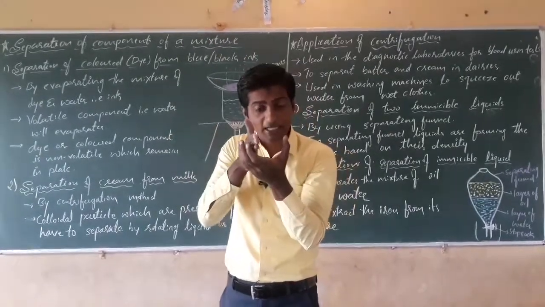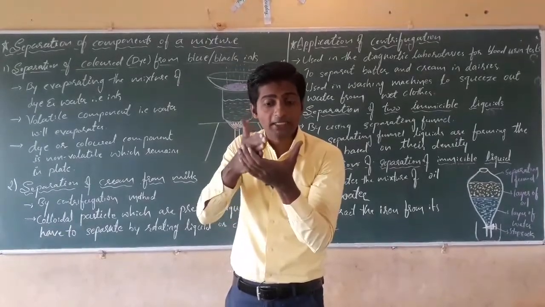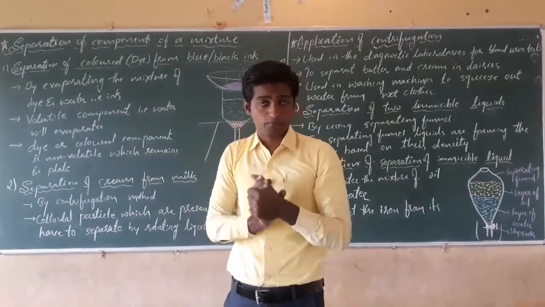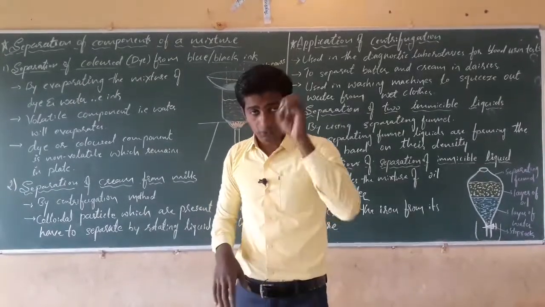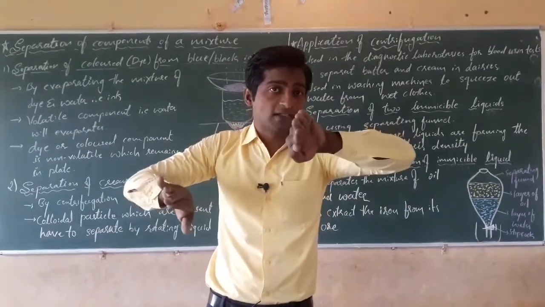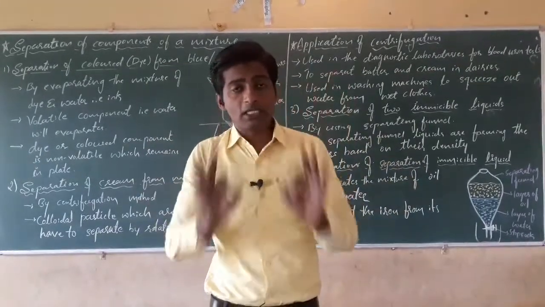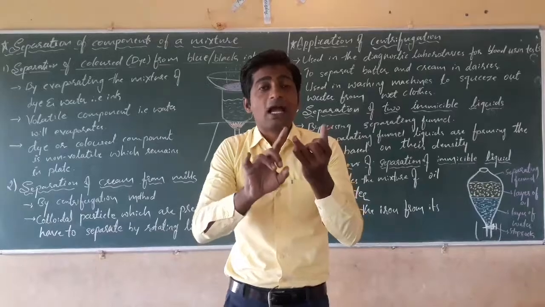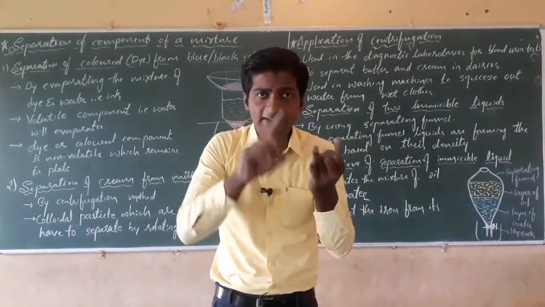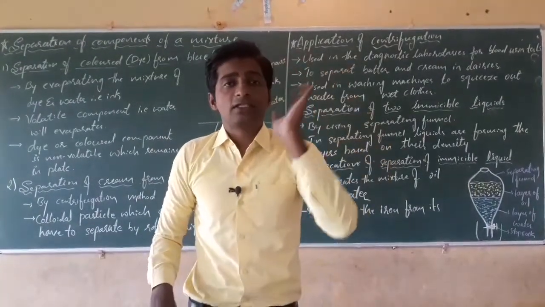How to separate the dyes from the ink? How to separate the water and the dyes, the black or blue colored substance? Is it possible? Yes. Ink is a mixture of water and dyes. Blue ink contains blue dyes and water, and black ink contains black dyes and water.